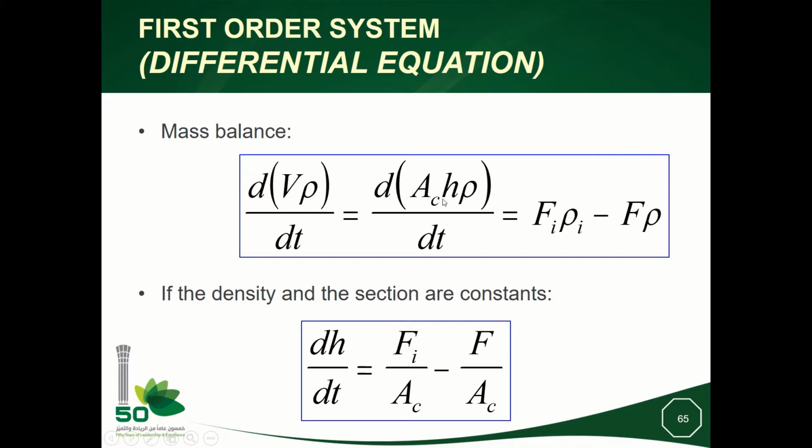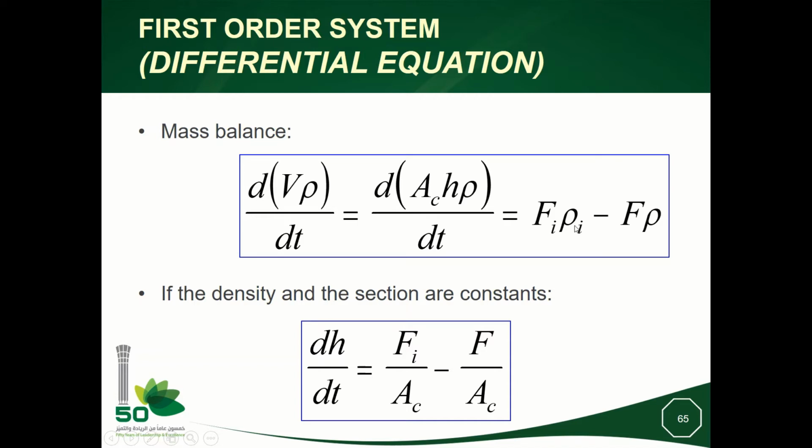So Ac is supposed to be constant and the density of the liquid is constant. So we can take rho Ac outside the differentiation operator. And here we will have d(h Ac)/dt equal to Fi times rho minus F times rho. We will assume there is no variation of the density of the liquid, so it is constant.